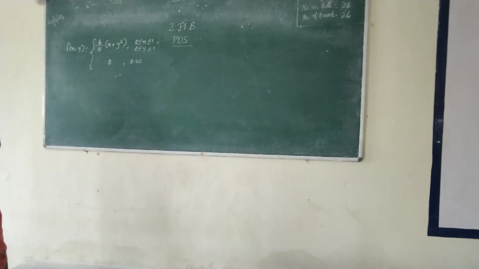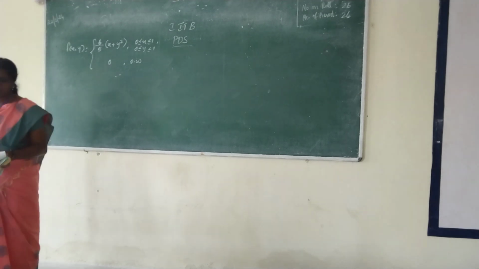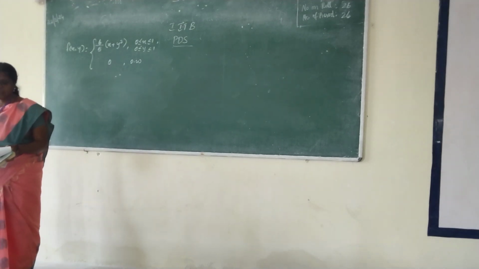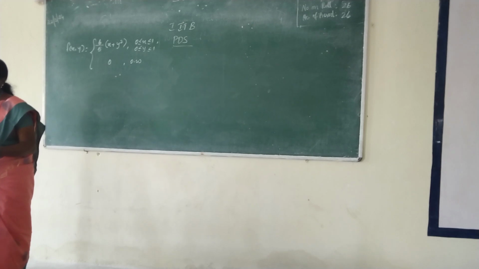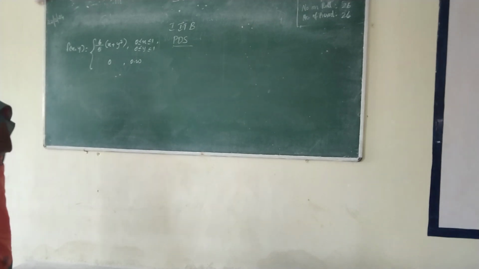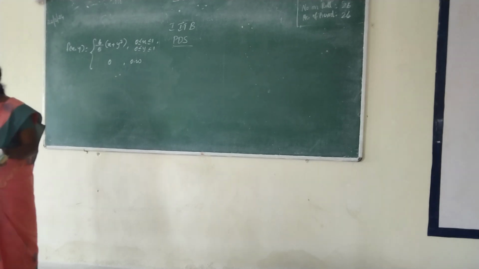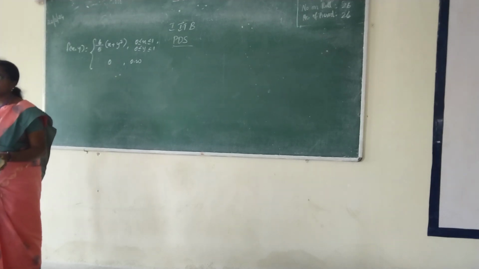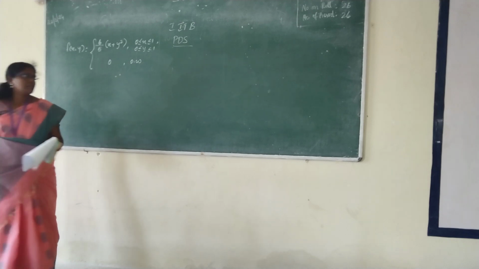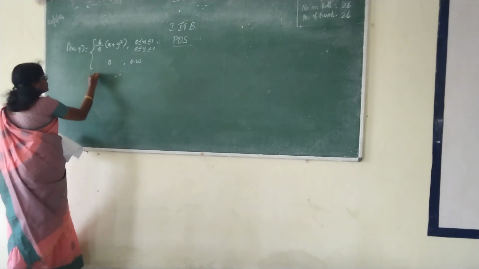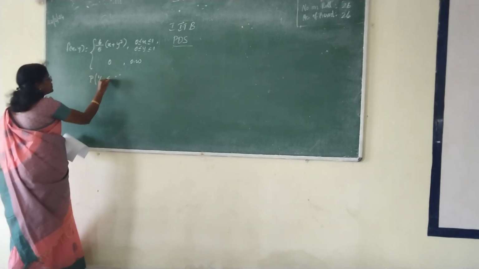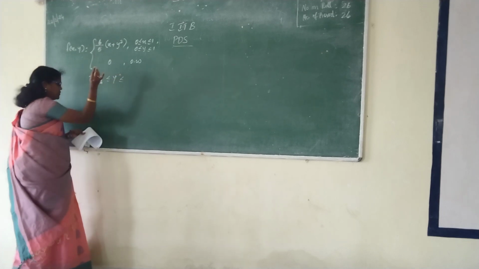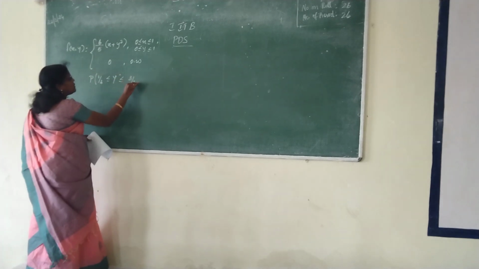Obtain the marginal PDF of x and y. Hence find probability of 1 by 4 less than or equal to y less than or equal to 3 by 4.